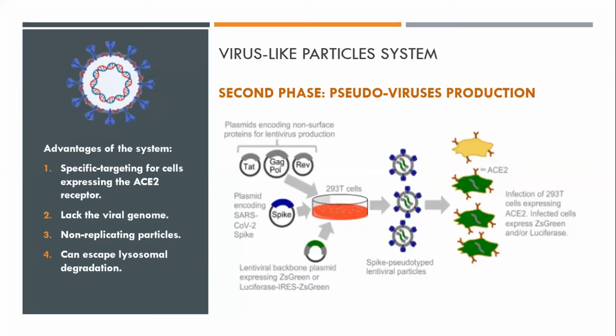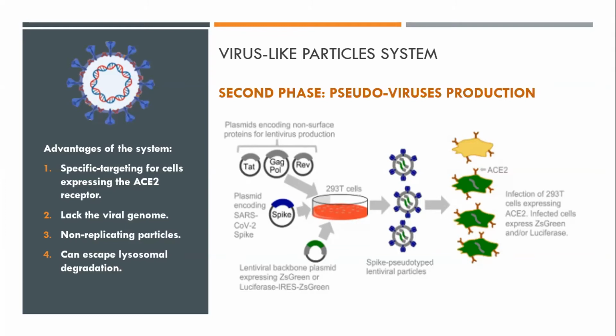It's also an important part of the virus-like particle system that they lack the viral genome and they are not replicating particles, so they will not cause another infection for the affected cells or any other unexpected complications. Also, it can escape lysosomal degradation.